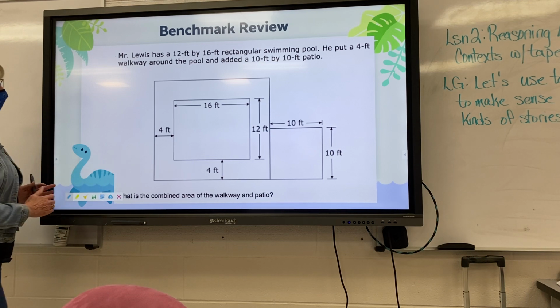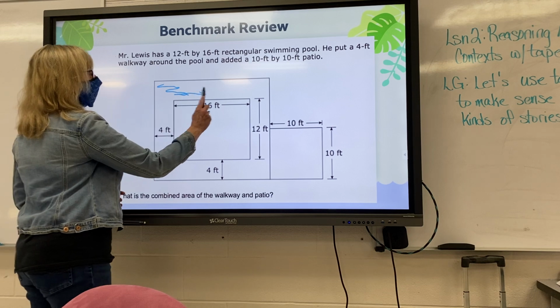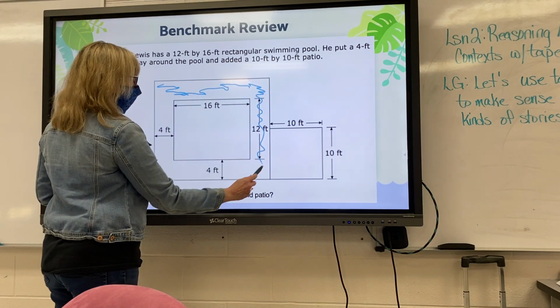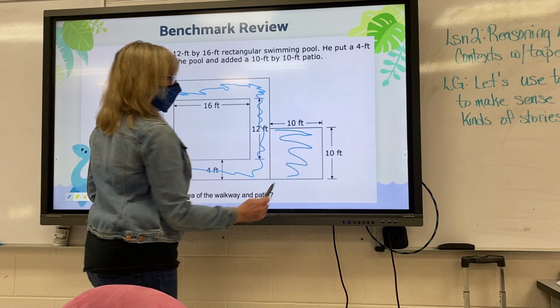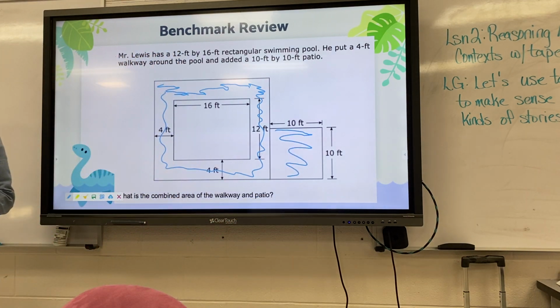All right, so we're being asked to find this area and that area, correct? Is that what the problem's asking for? Okay, does everybody understand that much?